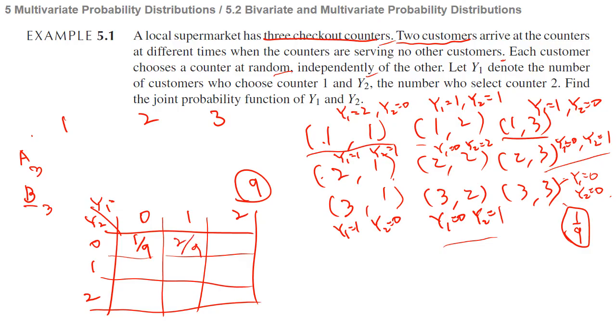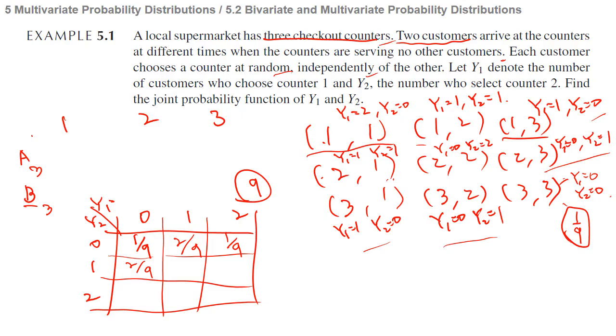How many do we have of 0, 2? 0, 2 is here. It is 1 over 9. And what about 1, 0? 1, 0 here, here. Yeah, so 2 over 9. What about 1 and 1? We have 1 and 1 here, 1 and 1 here.